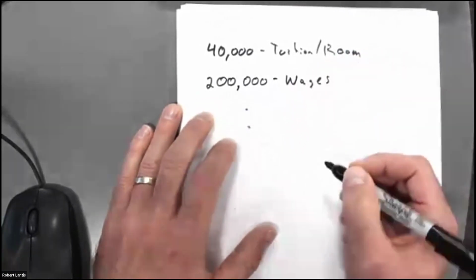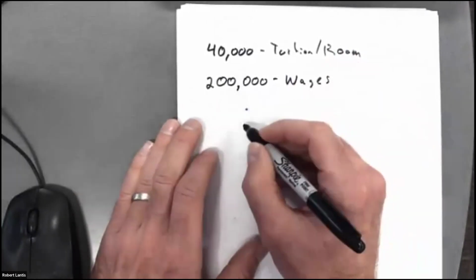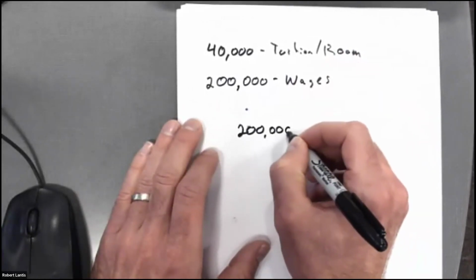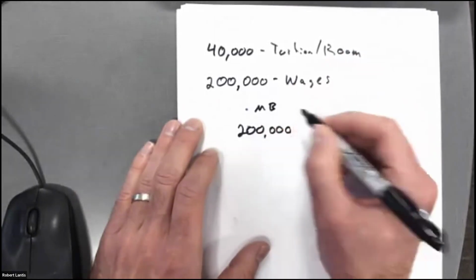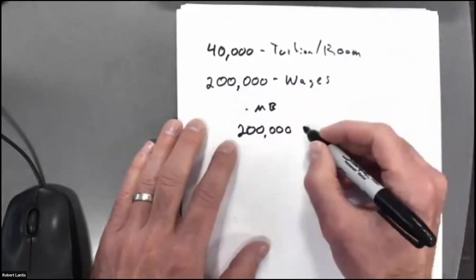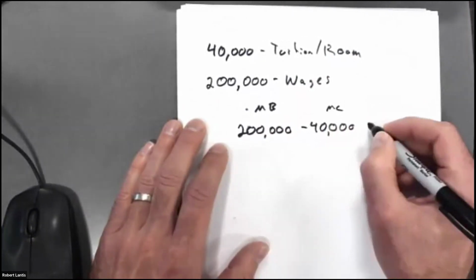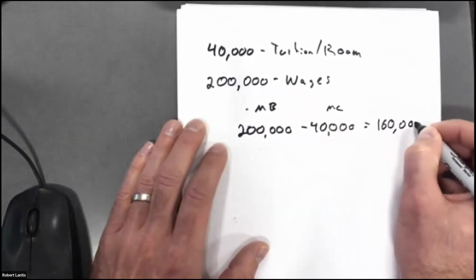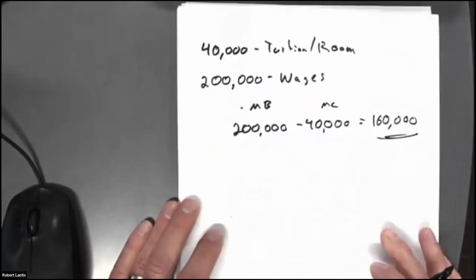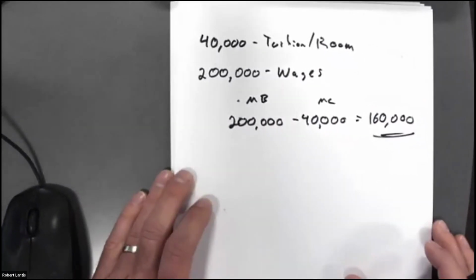I look at this and I might say, oh, well, 200,000, that's my marginal benefit, the payoff to going to school for one more year. My costs, 40,000. Looks like I would gain 160,000. Looks like I should go to school for another year. Well, that could be the case.